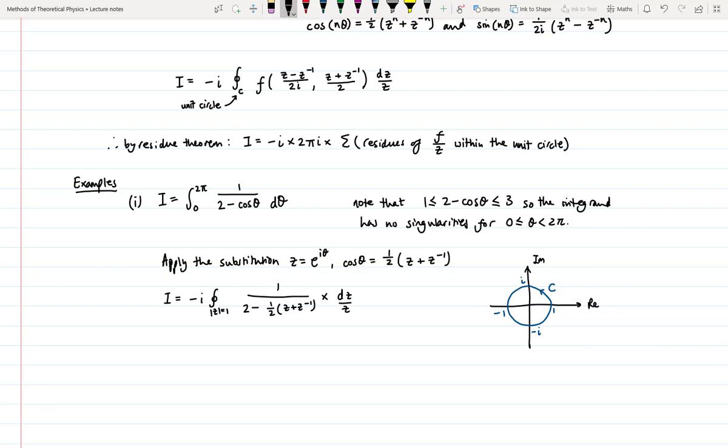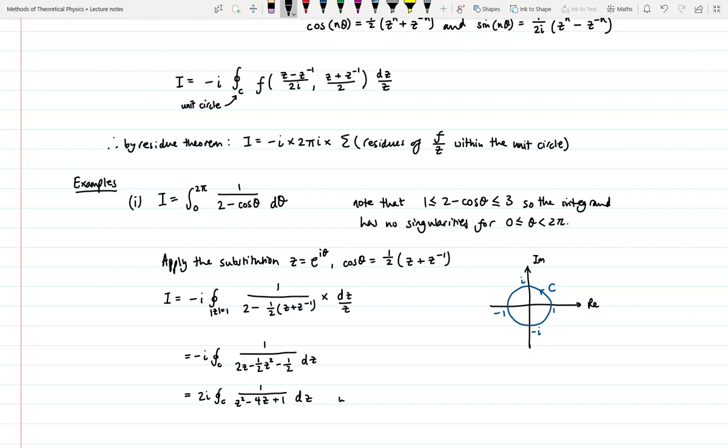We can take the 1 over z inside to give minus i, the integral around the unit circle of 1 over 2z minus a half z squared minus a half. Tidying this up a little further, we have 2i, the integral of 1 over z squared minus 4z plus 1 dz.